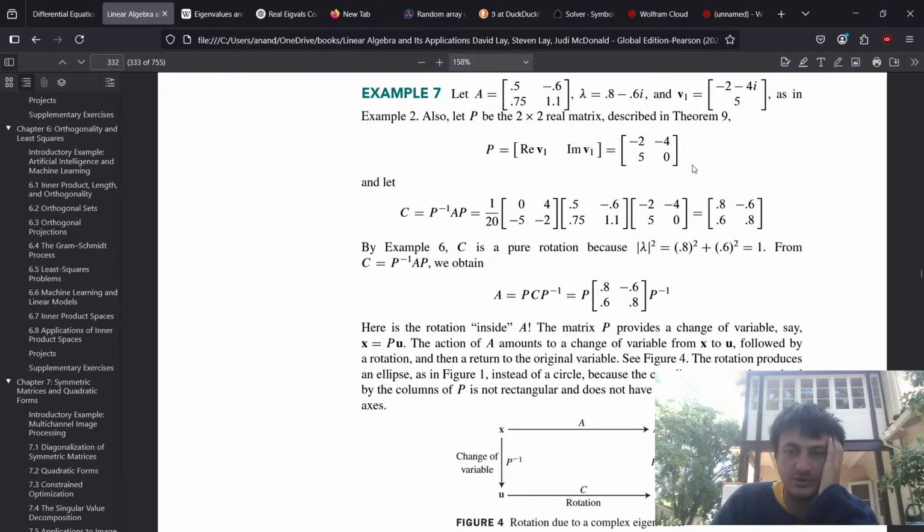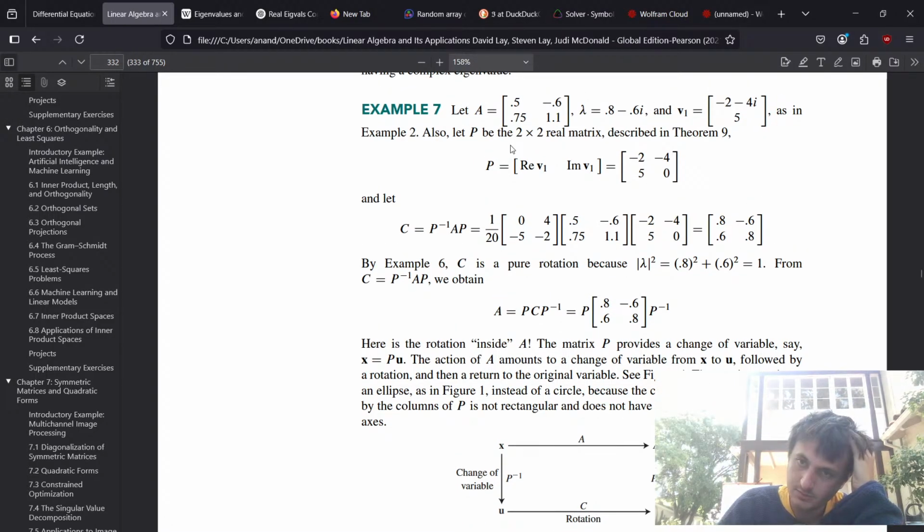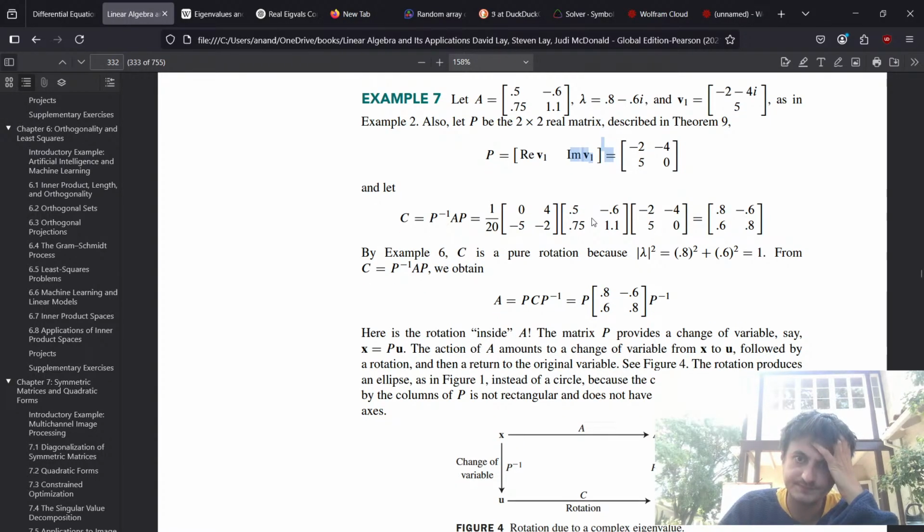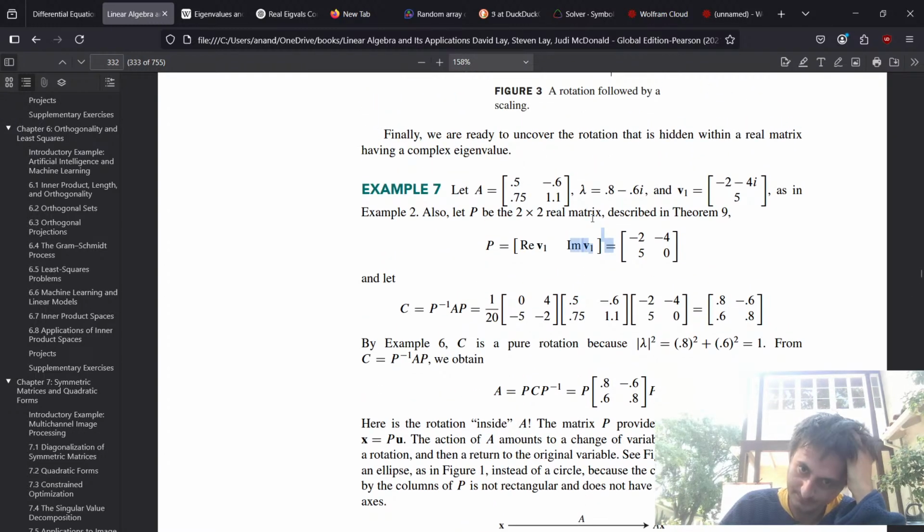I don't know why you do this. This is so weird to me. So you take an eigenvector, then you form this matrix out of its components, and then you... This is crazy.